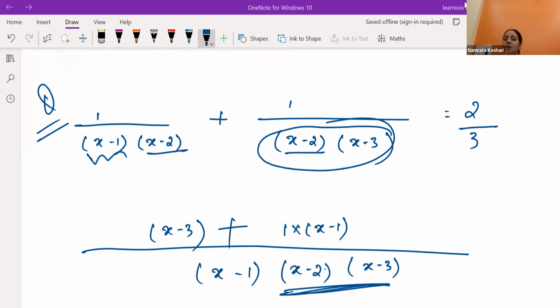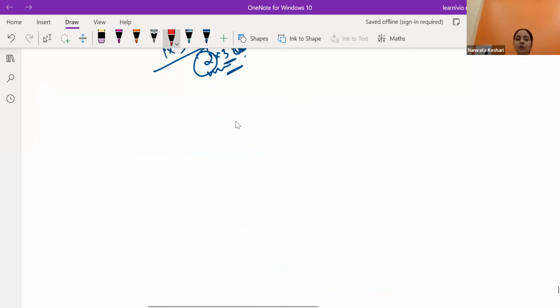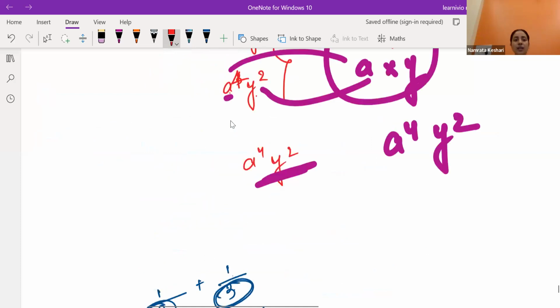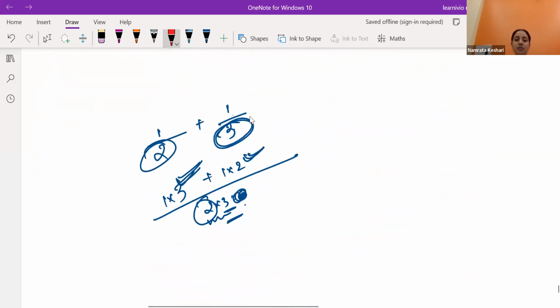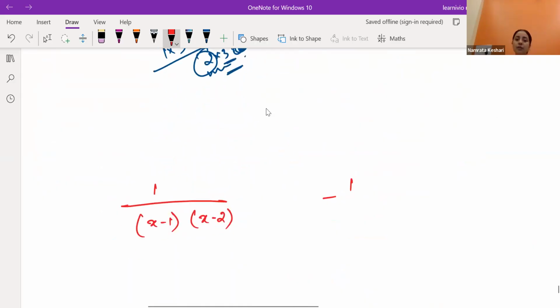In another curriculum I have seen a student doing LCM, they just figure it out. Let me show you what they do. Here 1 by x minus 1, x minus 2, and 1 by x minus 2, x minus 3, and plus is there.